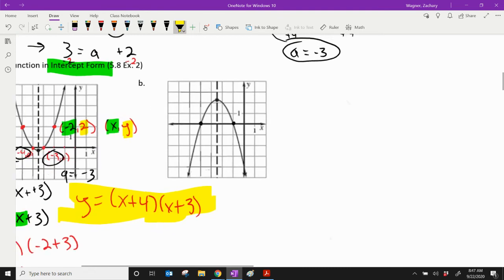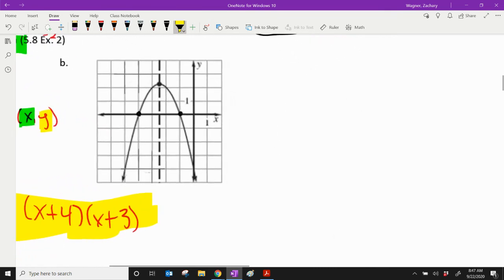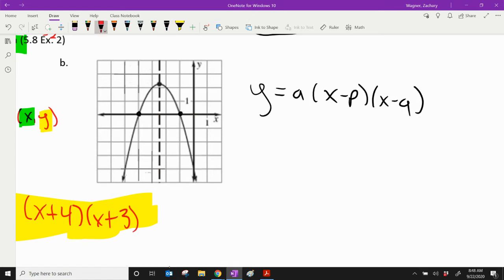Lastly, this one, write the quadratic in intercept form. A times x minus p, x minus q. We are given our intercepts. This is negative 1, comma 0.